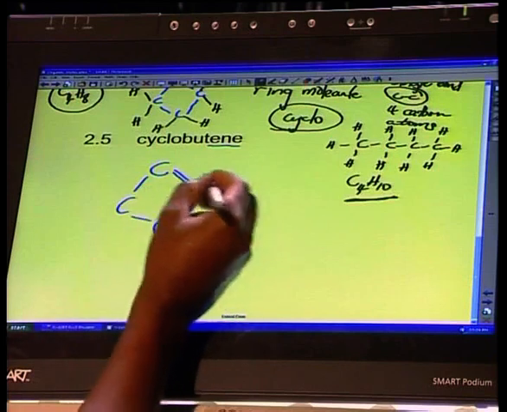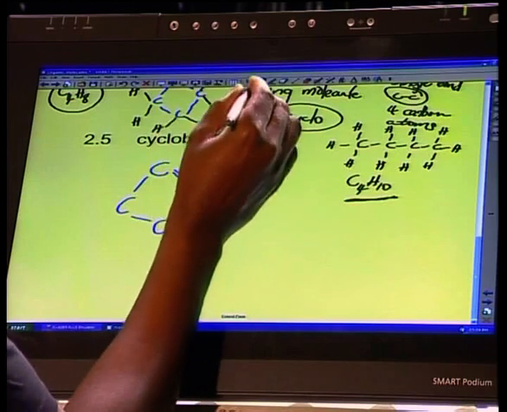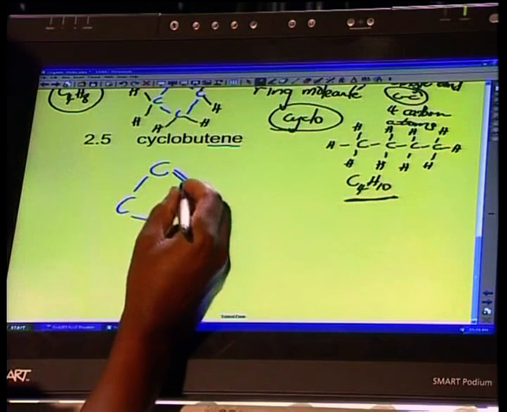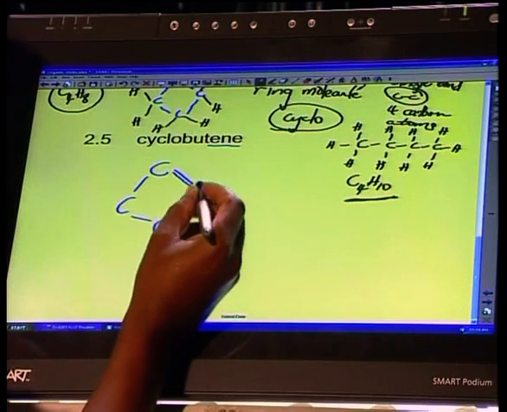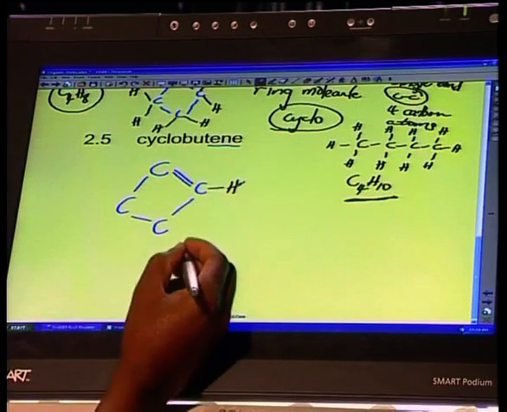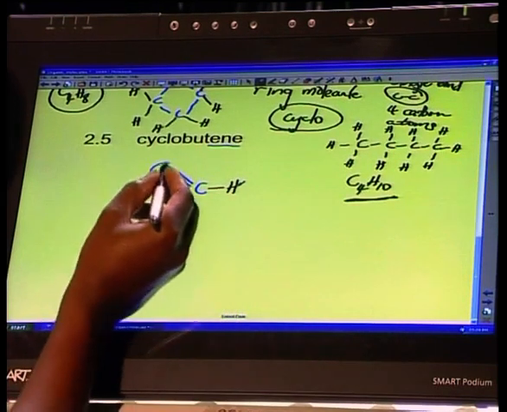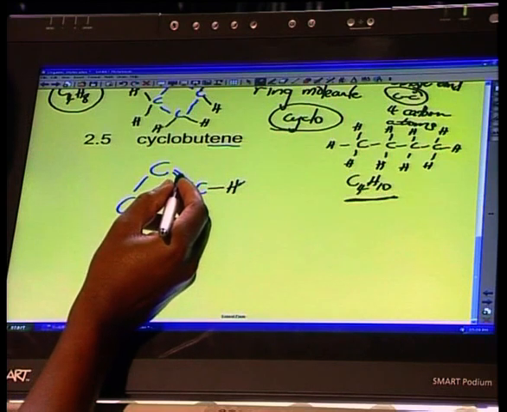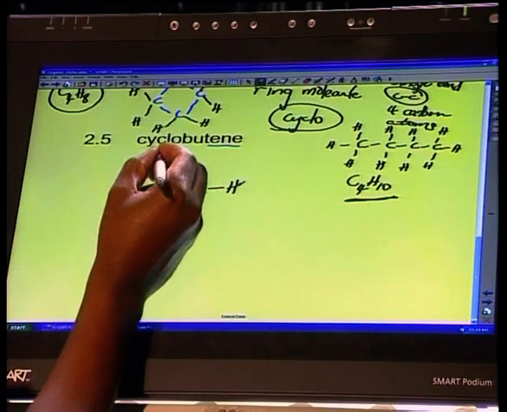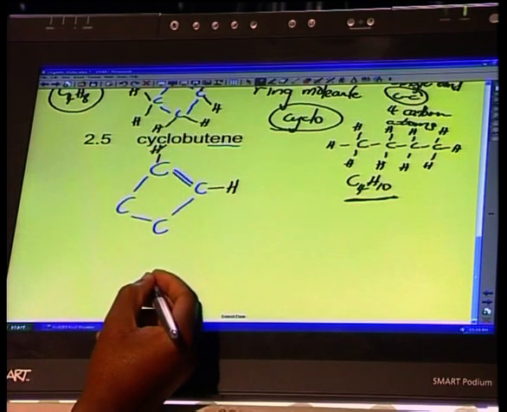Okay, and then if I place my double bond there, for this carbon here, I'll have 1, 2, 3, so I only need 1 more bond. So that will be the bond to hydrogen. This one on top here, again, I will also be having 1, 2, 3 bonds that have been used already. The only one remaining is a single bond to a hydrogen atom.